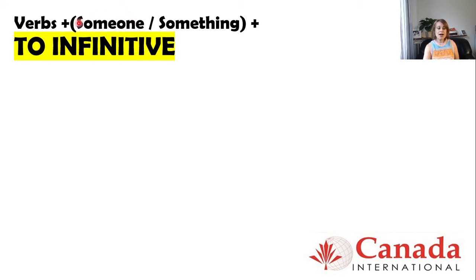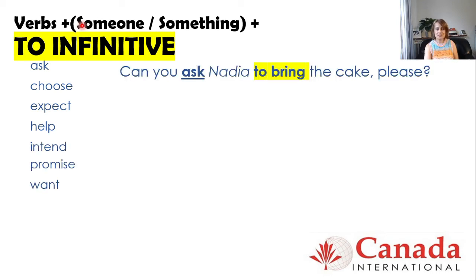The reason why someone and something are between brackets is because maybe they're not necessary, or we're not going to use them all the time. So let's see. Ask, choose, expect, help, intend, promise, want. Let's see the example. Can you ask Nadia to bring the cake? Ask someone to do something.